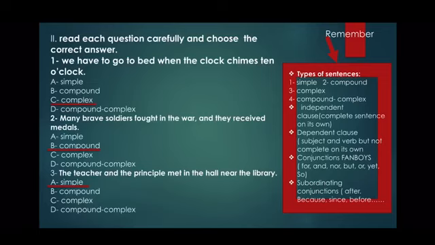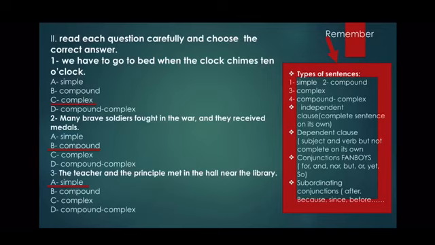Many brave soldiers fought in the war and they received medals. Look, here you have two clauses and they are joined together by a conjunction, which is and. So, of course, it is a compound sentence. The teacher and the principal met in the hall near the library. So, this is actually a simple sentence. It is an independent clause. It doesn't have any conjunctions or subordinate conjunctions.